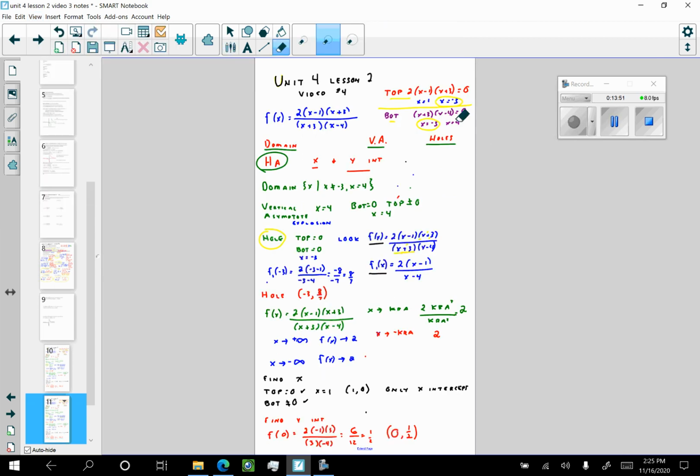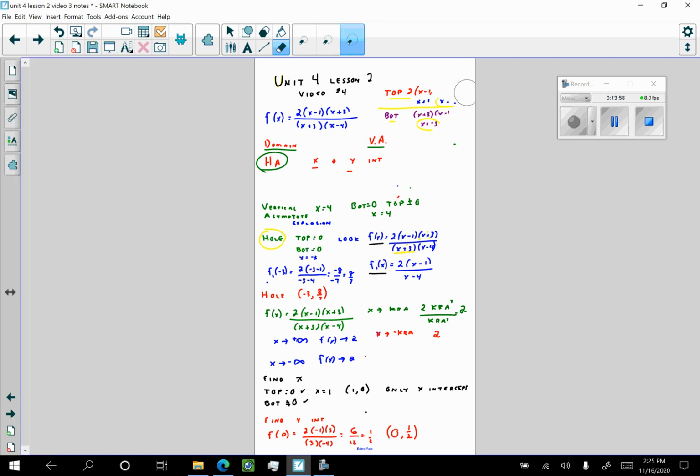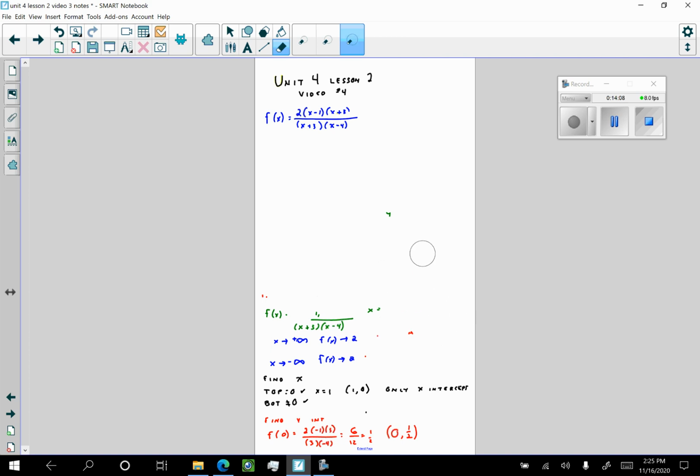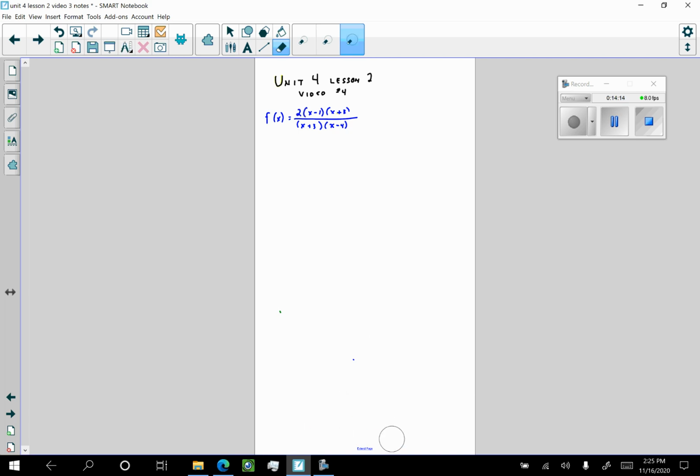And I'm going to delete most of this and write down what we know. I didn't have to delete the domain. And we'll go back to the second page. This is the page that we're going to write everything on.